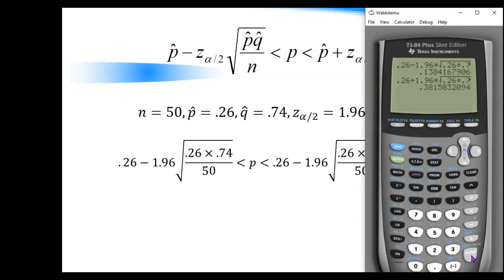If I want that rounded to 3 places after the decimal point, 0.381 with a 5 after it would round to 0.382. So to the nearest thousandth or tenth of a percent, that would be 0.382.